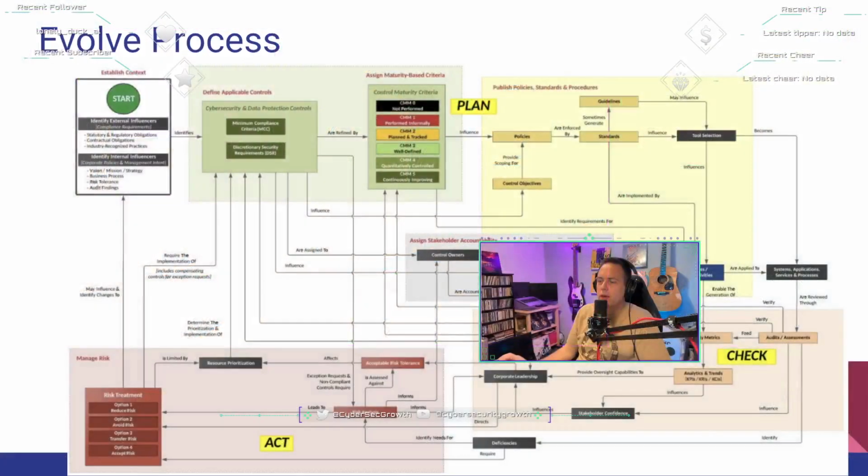So when we brought this up last week, the evolve process, or this process that's on the screen, we talked a little bit about it. This comes from Compliance Forge. The integrated cybersecurity governance model is what we're looking at here, and you can download this image in more detail at complianceforge.com. It takes a comprehensive view towards governing a cybersecurity and privacy program.